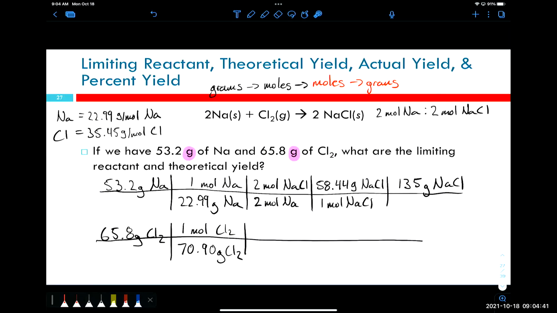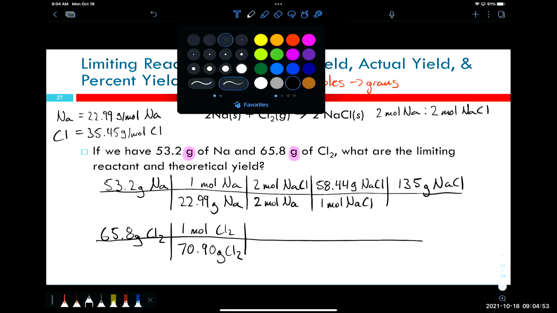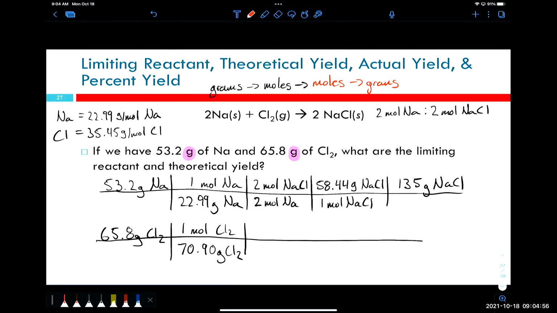And then our next step here will be to convert from moles of chlorine to moles of sodium chloride. Let me write this out. For every 1 mole chlorine, Cl2, we can produce 2 moles NaCl, sodium chloride. So because we want to go from moles of chlorine to 2 moles of sodium chloride, we'll put 1 mole of chlorine in our denominator.